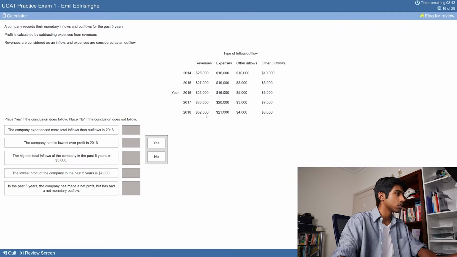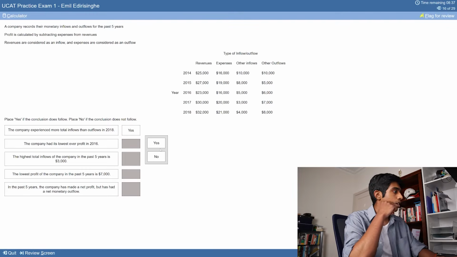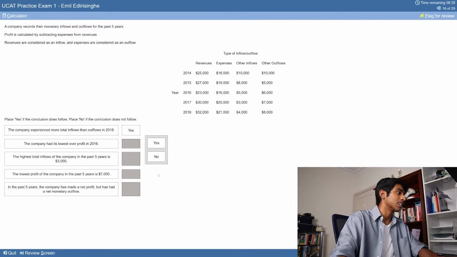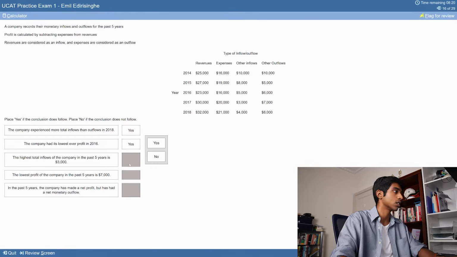So 32,000 plus 4,000, 36, 29, yes, it's true. Lowest ever profit in 2016. So we go 9,000, this is 8,000, this is 7,000, 10,000, 11,000, so yes.